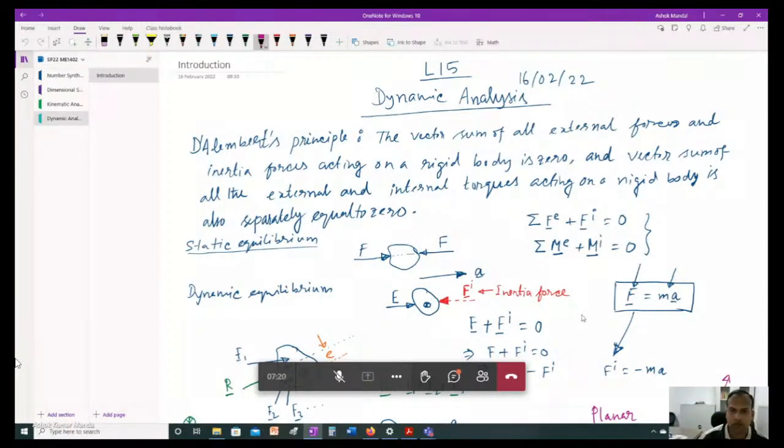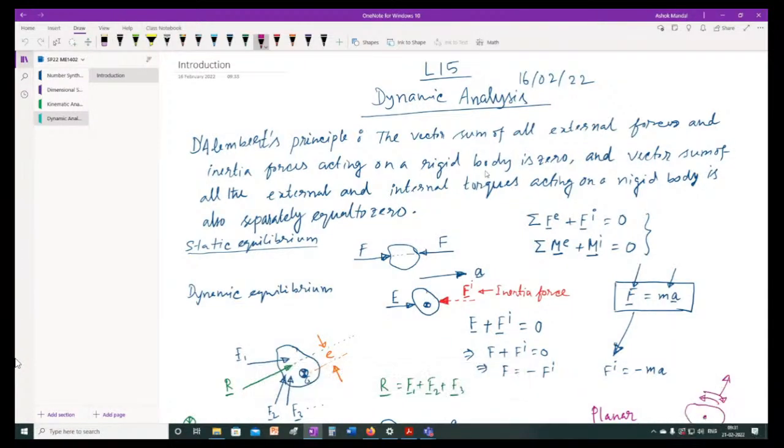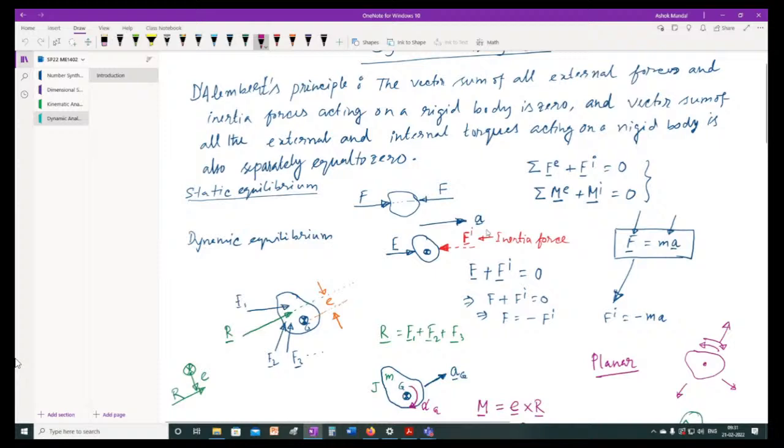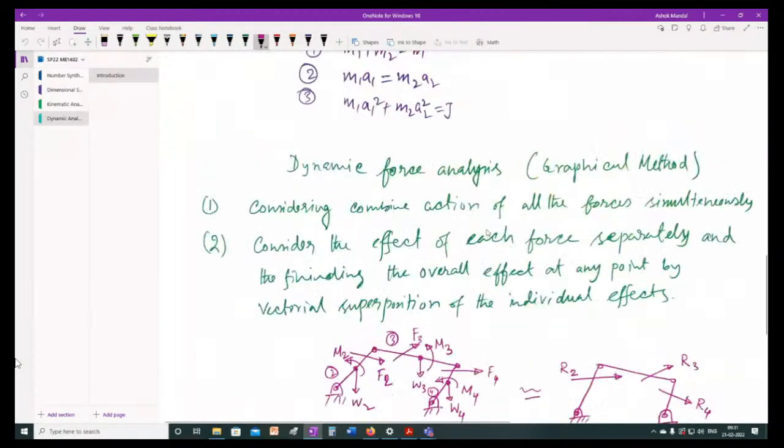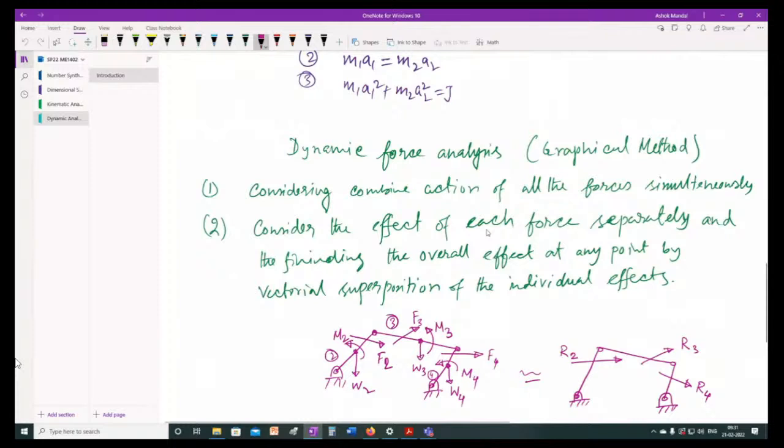Yes, sir. Okay, so last class we started the dynamic analysis part. We discussed the principle given by D'Alembert, and we discussed the dynamical equivalent link. Then we said that the dynamic force analysis of a mechanism can be done by the graphical method.